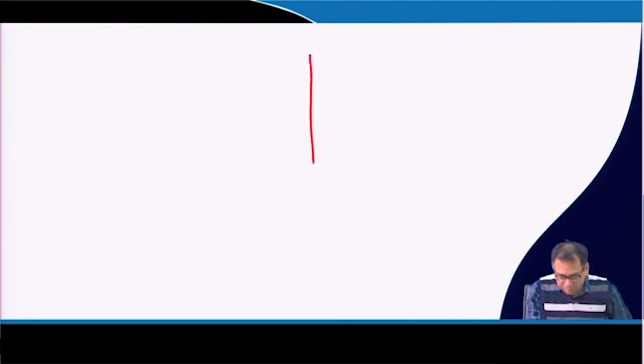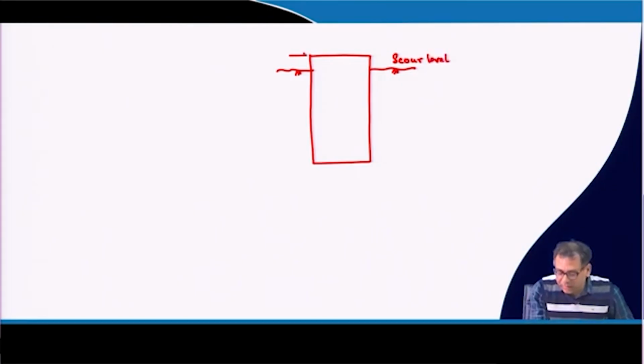So, next one is that for this particular method, we will consider that this is the well, and this is the scour level, and here the H is acting in this direction.